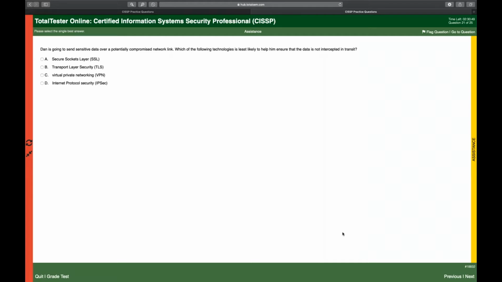Charlie. I think this is straightforward. Any takers? Anyone else? Alpha. Yeah, I'm thinking Alpha. Secure Sockets Layer was replaced by Transport Layer Security. Yeah, TLS. So I think SSL is the weakest one here.